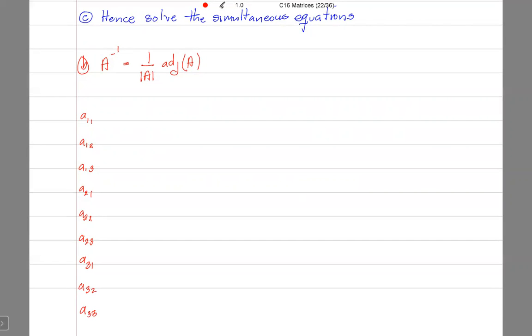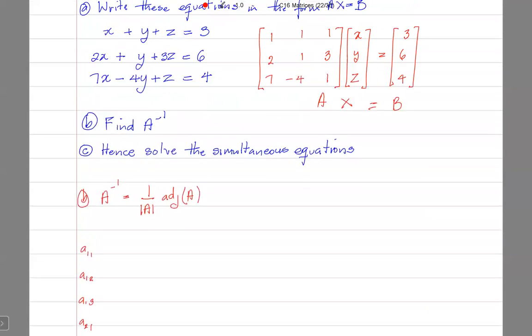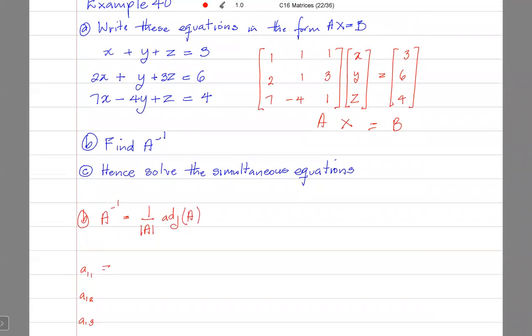All right, so we need to find the cofactor element for the first element in the first row. To do that, I would ignore all the elements in the row and column that element is in, and find the determinant of the remaining elements.